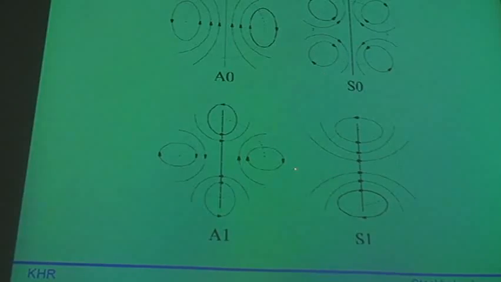S1: here the fields are rotational symmetric about the axis. Here not. Here I have shown special planes. And an S1 field is, for example, a field of a dipole which lies in the equatorial plane. So this is like this, but turned by 90 degrees, a dipole field. This is a bit more complicated. It is in the sense a turned quadrupole field.